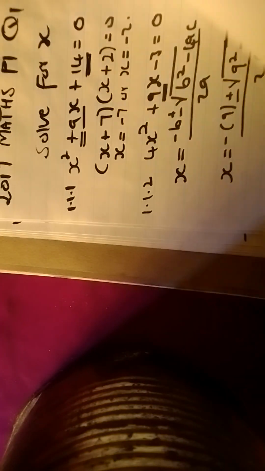Now we go forward. We go for question 1.1.3, which says the root of x squared minus 5 is equal to 2 root x. Now we have to remove the square root.